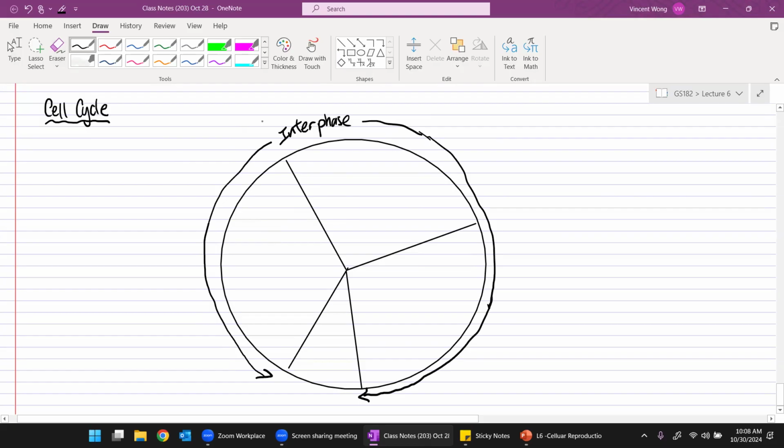There are a few key events that will be important in interphase. Over here, we have what's called the G1 checkpoint. And then over here, we have the G2 checkpoint. It's like in Canada, if you want to get a driver's license, you need to pass the G1 and the G2. Before you can do the cell division, the cell has to pass the G1 checkpoint and G2 checkpoint.